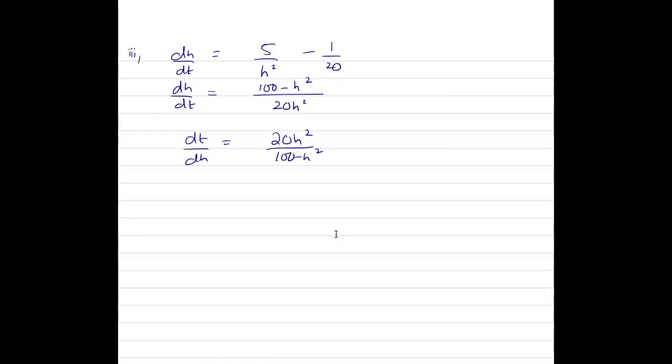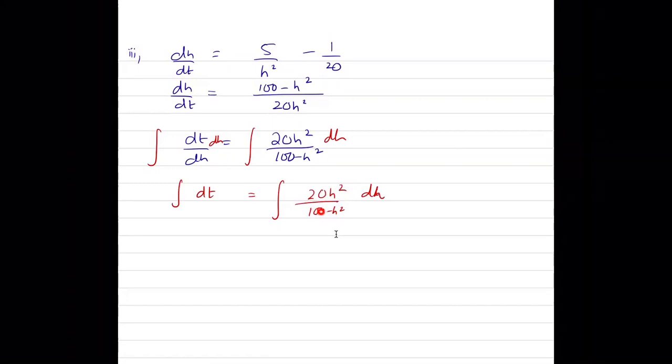To solve this, I'll have to integrate on both sides. So I'm going to be left with the integral of dt equals the integral of 20h square over 100 minus h square dh. Now, for this part, 20h square upon 100 minus h square, was there an identity given in the second part?